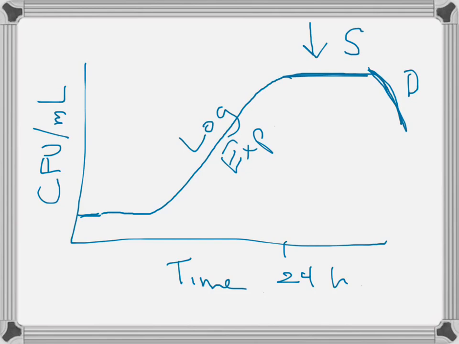The process by which this occurs, what is the process of division in bacterial cells known as? Starts with a B, ends with a fission. Binary fission, okay? So 1 cell becomes 2.